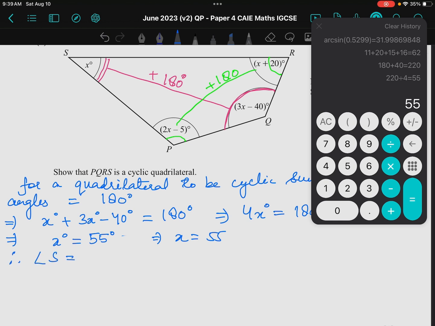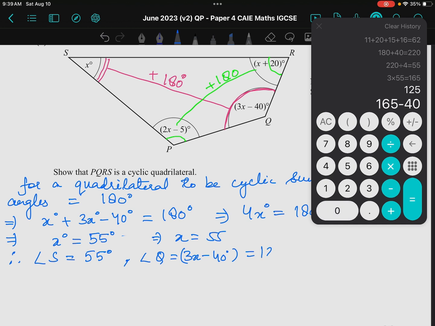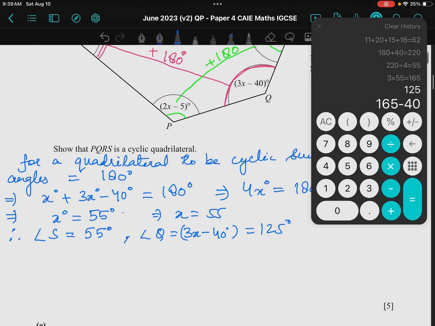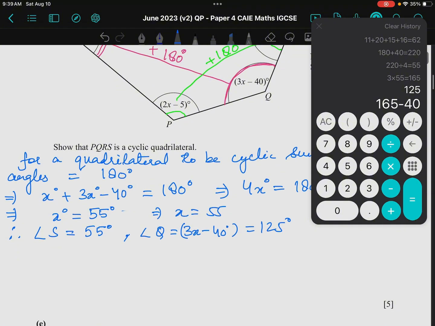Therefore angle S is equal to 55 degrees. Angle Q is equal to 3x minus 40 degrees, which will give me 3 multiplied by x, which is 55, then subtracting 40 will give me 125 degrees. Angle P is equal to 2x minus 5 degrees.